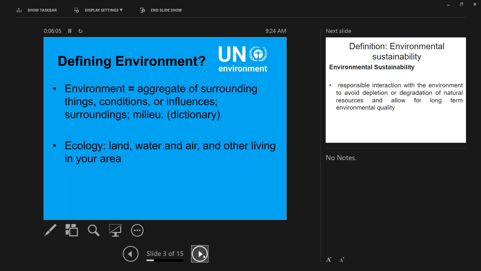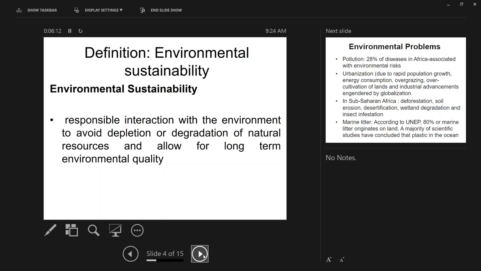In terms of environmental problems, we start with the air. The environmental problem related to air quality is pollution: pollution of air, pollution of water, pollution of soil.